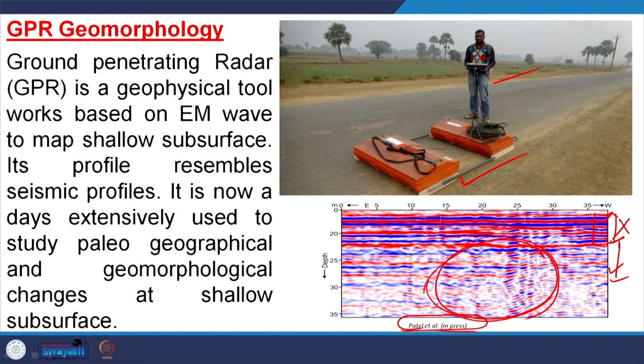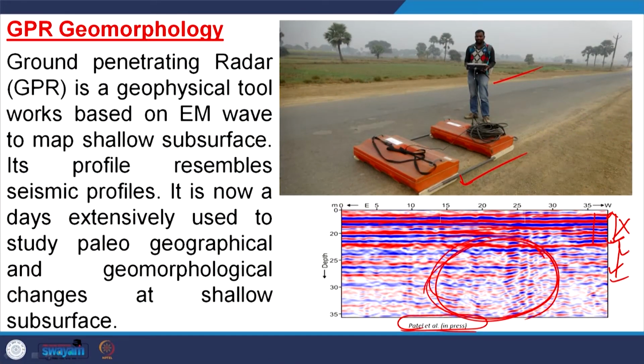So, the information which we are retrieving from a GPR profile is equivalent to the seismic profile, and the difference is the depth and the process. Here we are using EM waves, and in the seismic profile we are using shock waves, that is the seismic waves. So, the principle is different, but the aim is the same. In seismics we can go up to kilometers, 4, 5, 10 kilometers, but here we are restricting ourselves within a few meters, even less than 100 meters.